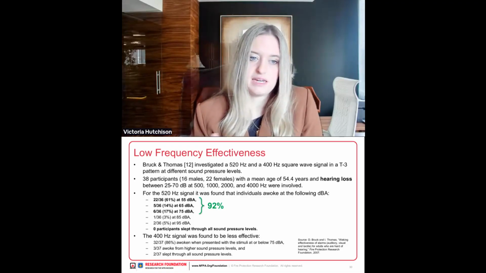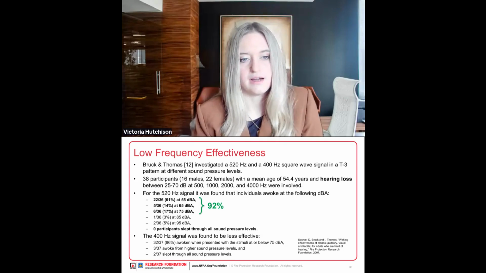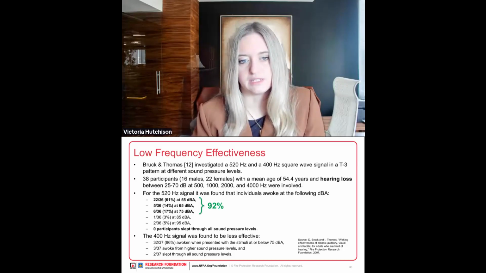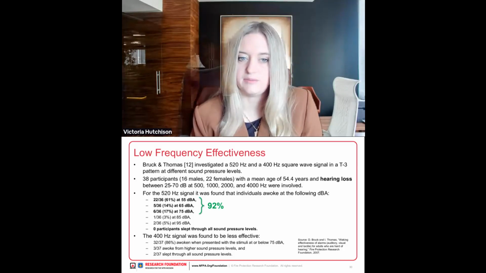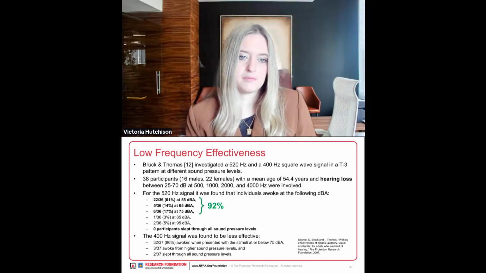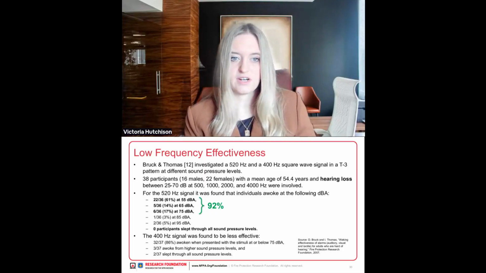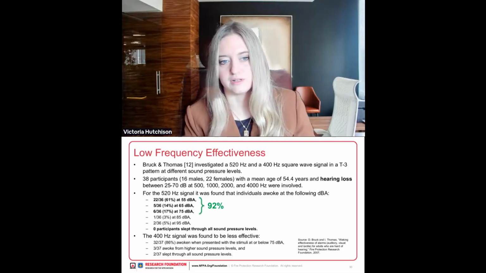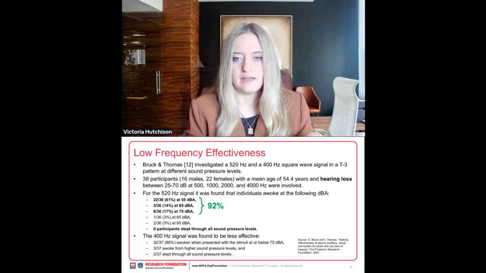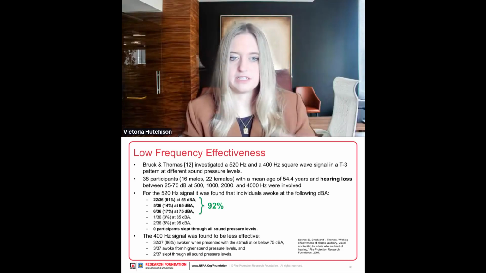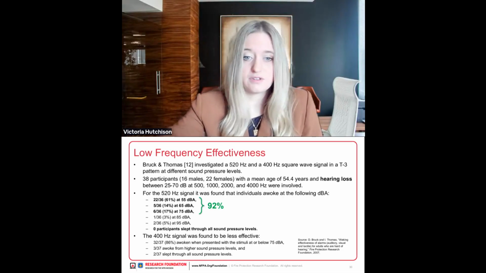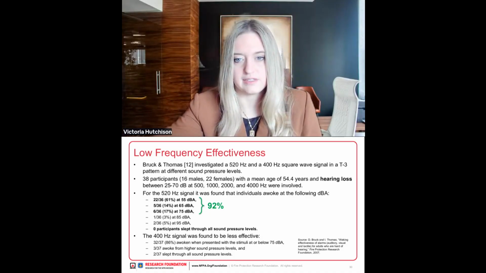At 85 dBA, one more participant awoke, another 3%, and 2 more awoke once it was elevated to 95 dBA. But there were 0 people that slept through all sound pressure levels at that 520 hertz tone. The 400 hertz tone was found to be a little bit less effective in comparison to the 520 hertz, but still overall had fairly good effectiveness.